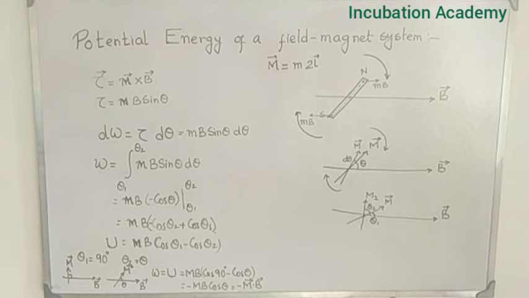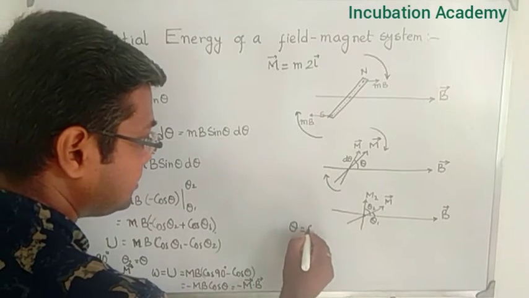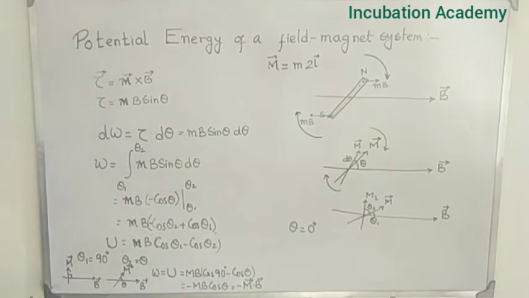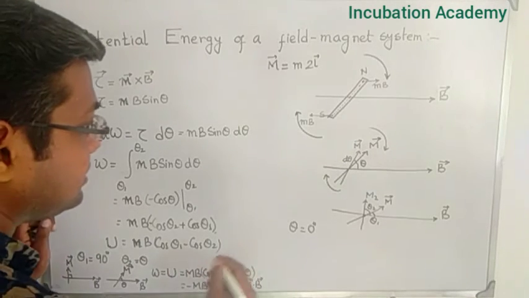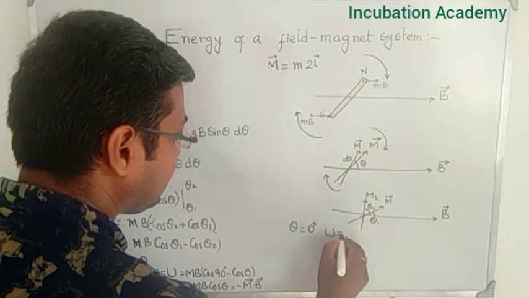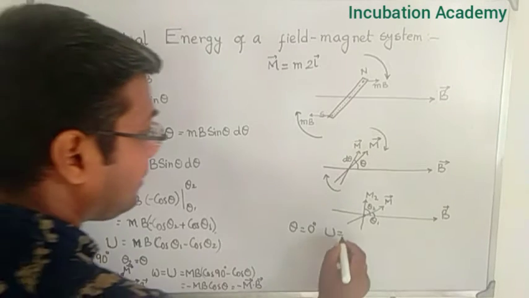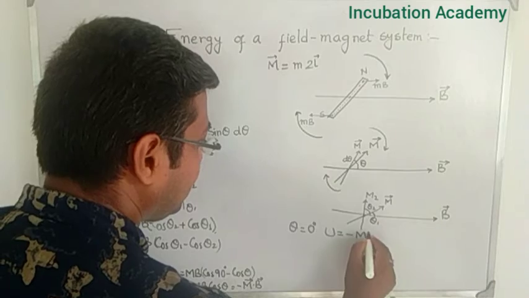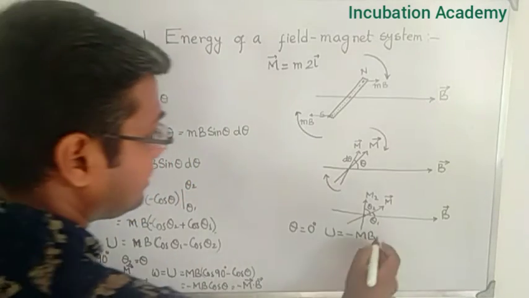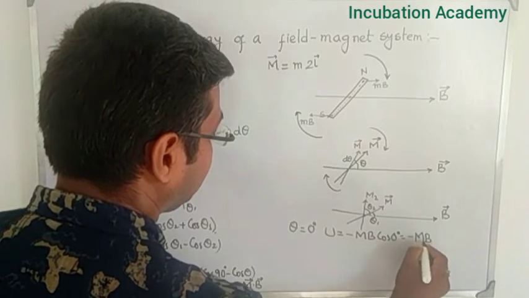Now if I try to align it such that theta is 0 degrees, initially it is perpendicular to the magnetic field, and I want to align it in the direction of the magnetic field, then the potential energy, or the work done required for this, will be minus MB cos 0 degrees, equal to minus MB.